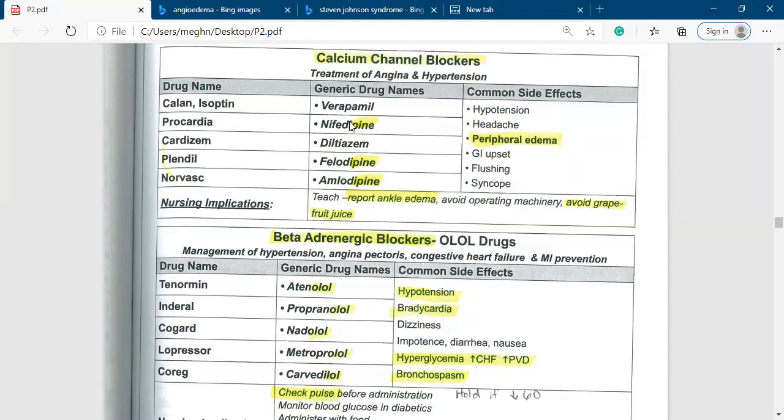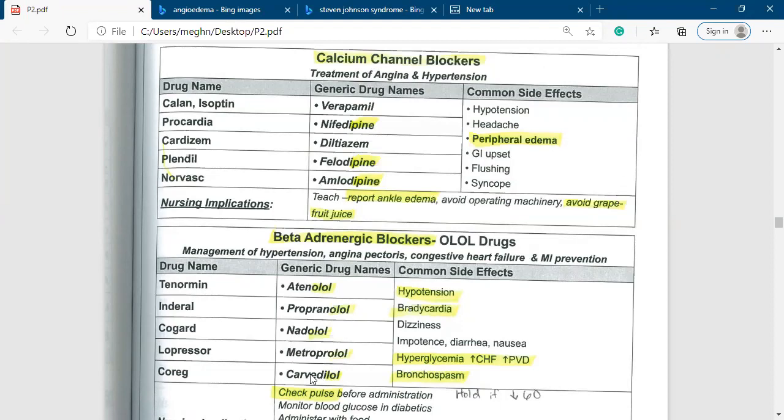Same as amlodipine, nifedipine, felodipine are fine, but when the question comes with diltiazem or verapamil, students get confused. They do not know verapamil and diltiazem are calcium channel blockers, right? And here I say carvedilol, beta blocker.